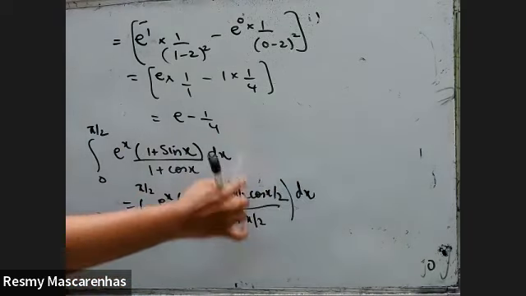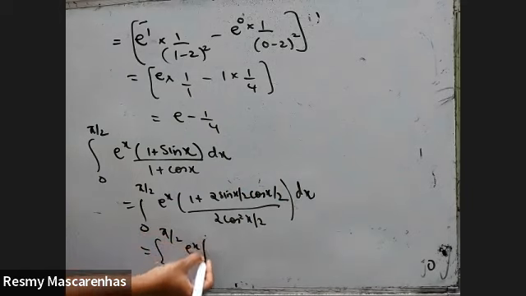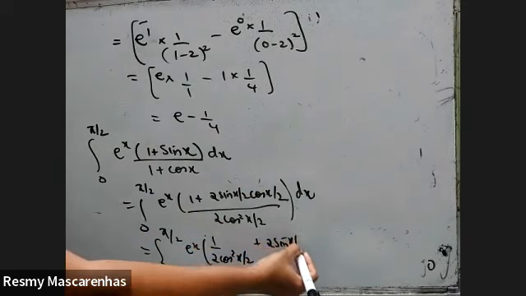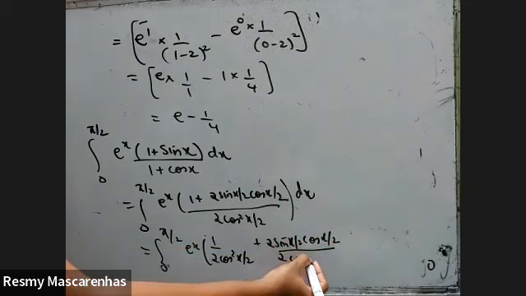And now distribute it to both the places. This problem is already done in the previous class. This will be 1 upon 2 cos square x by 2, 2 sin x by 2 cos x by 2 upon 2 cos square x by 2.